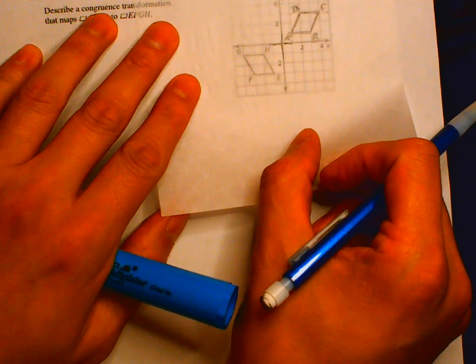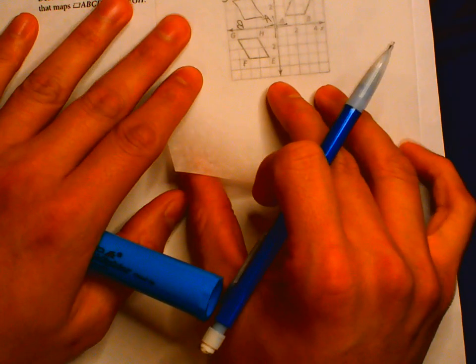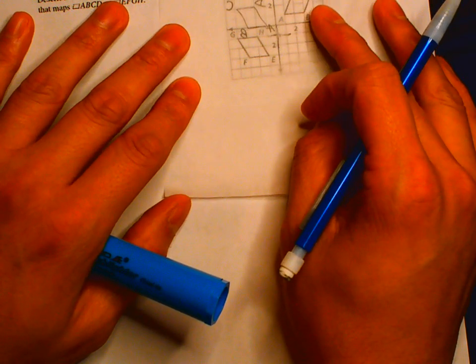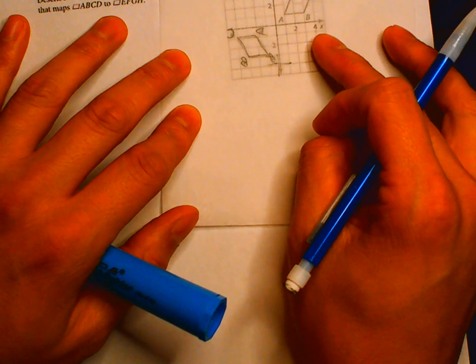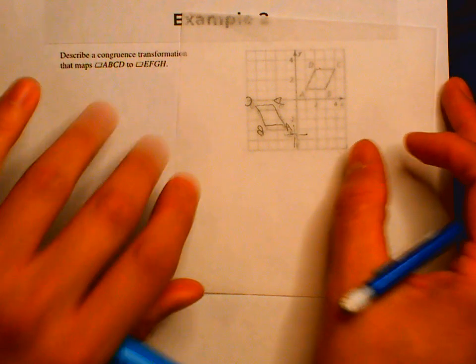Could I do a reflection? Well, if I reflect it across the y-axis, it's going to look something like this. And then could I do a translation? Perfectly. So you see, sometimes you just have to play with it. Okay, so what did we do?